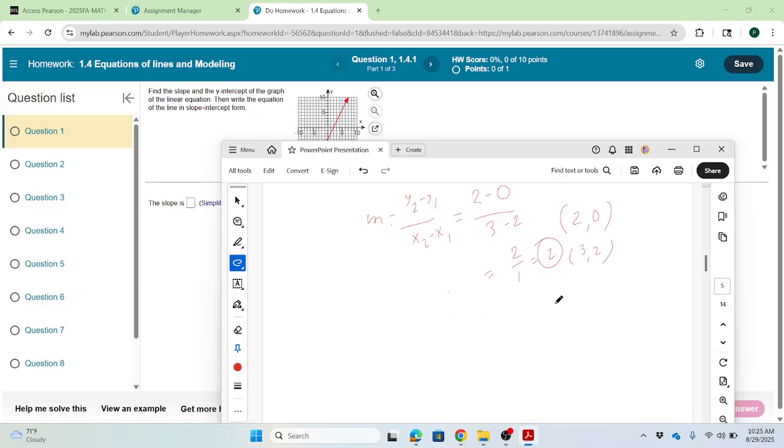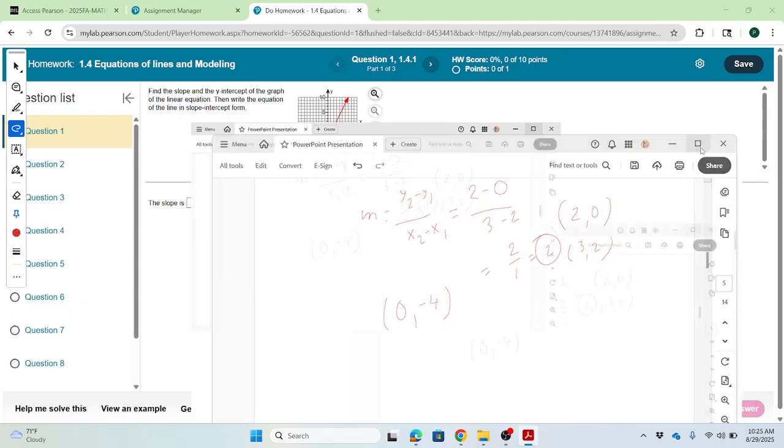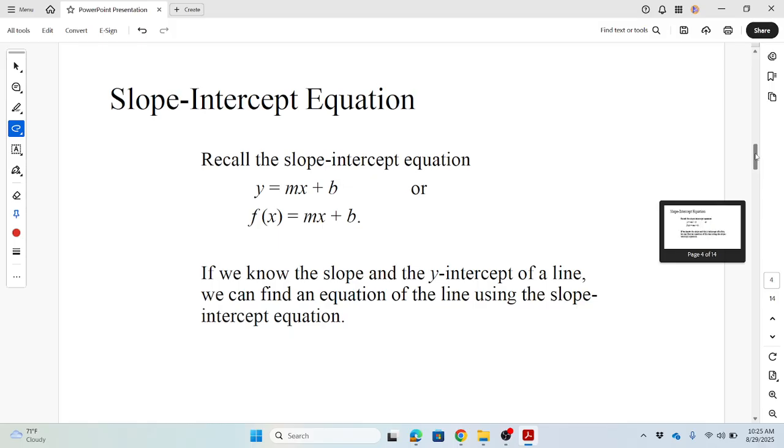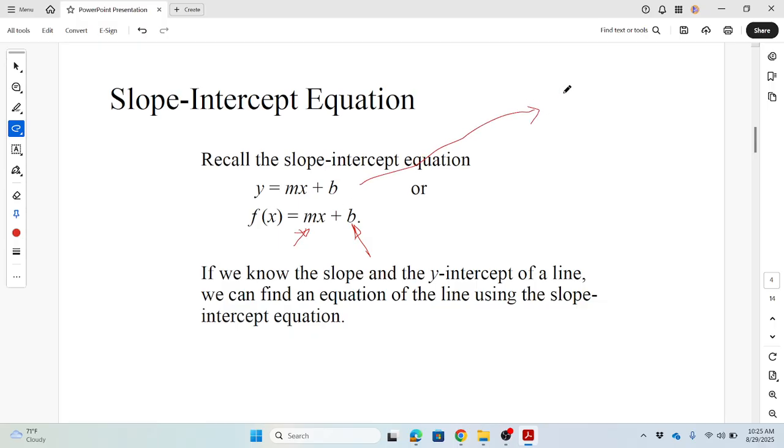So the y-intercept is here, 0 comma negative 4. Now if we use the previous formula with this information, b represents the y coordinate of the y-intercept and m is the slope. So the equation would be y equal, the slope is 2, times x plus b, which is negative 4.